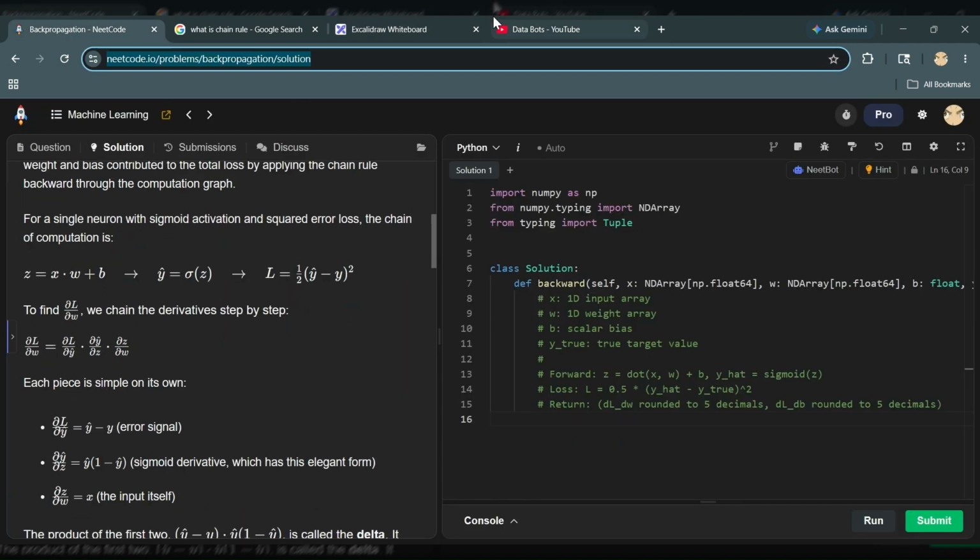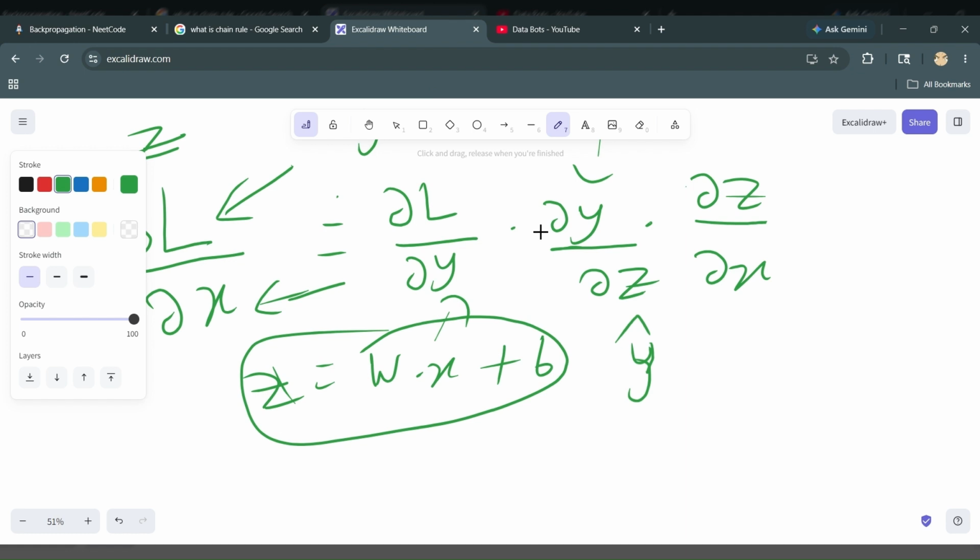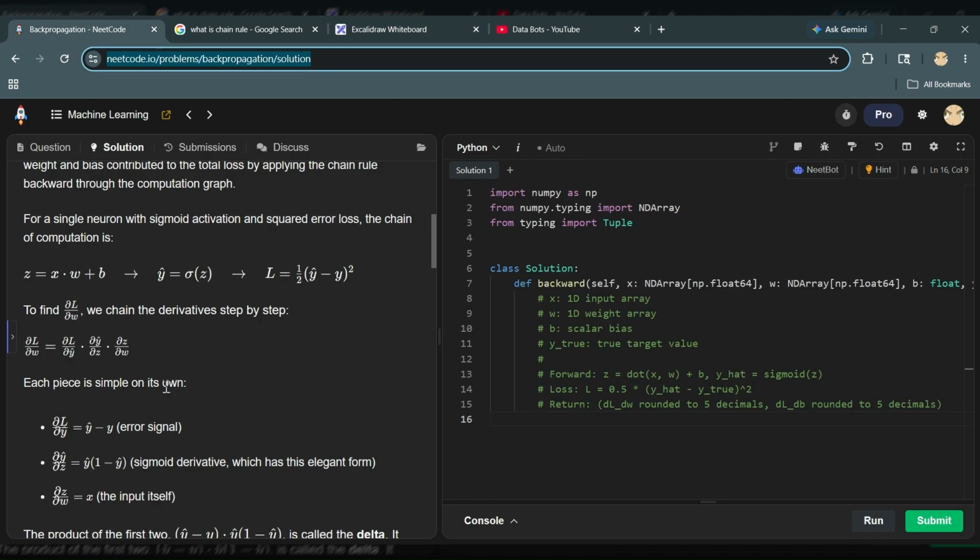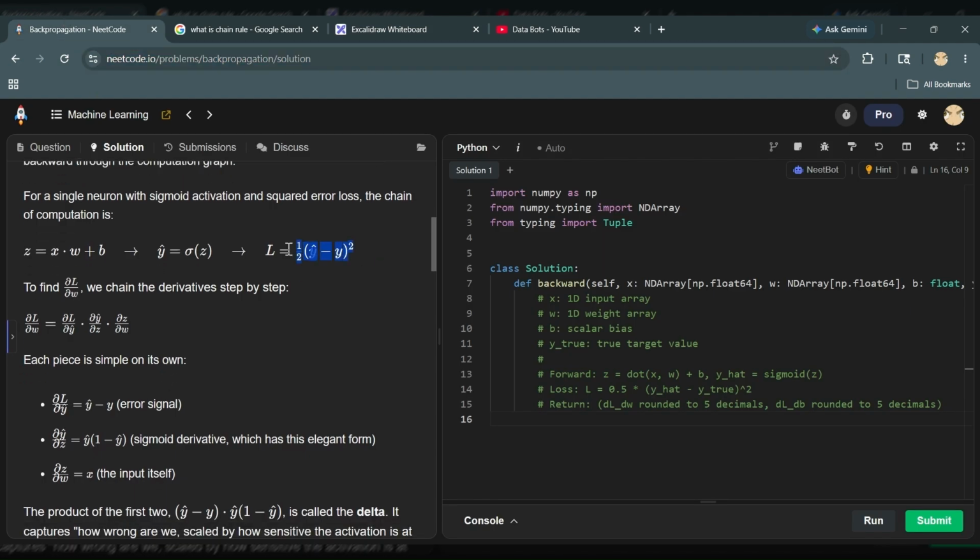So the y predicted value will be the activation of z, and L, we know what L is. L is half of (y minus y predicted) squared, and we know why we are doing this.